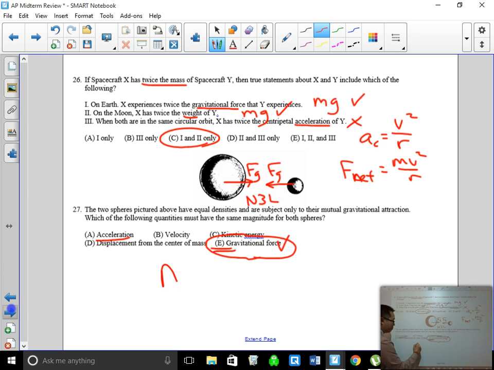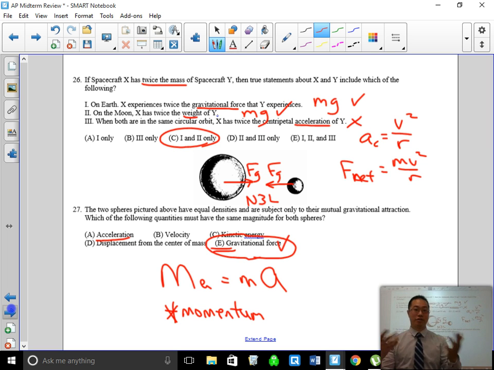A big mass will have a small acceleration, while a small mass will have a big acceleration. They won't have the same velocity because they're accelerating differently. Their kinetic energies won't be the same because they have different velocities. The only thing that will end up being the same is the gravitational force, and actually also their momentum, although it would be in opposite directions.